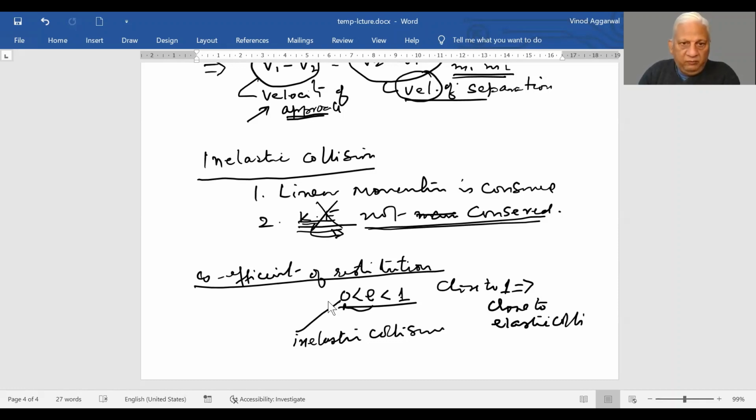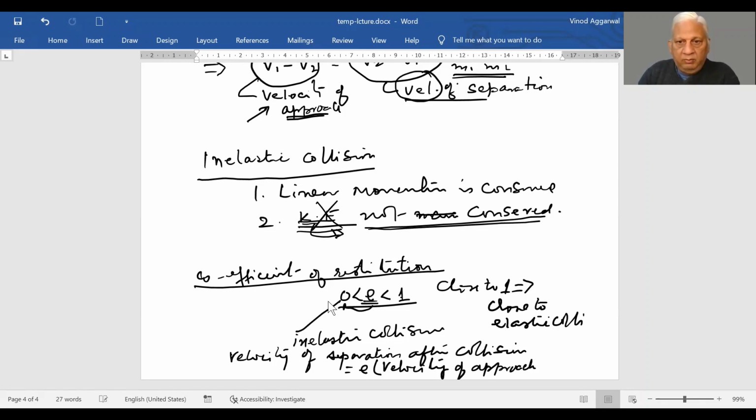So we can also define coefficient of restitution as: velocity of separation after collision is E times velocity of approach before collision.